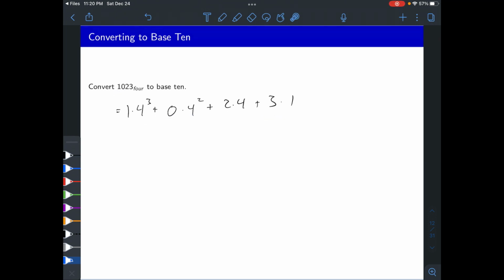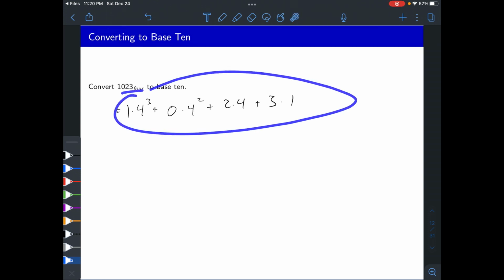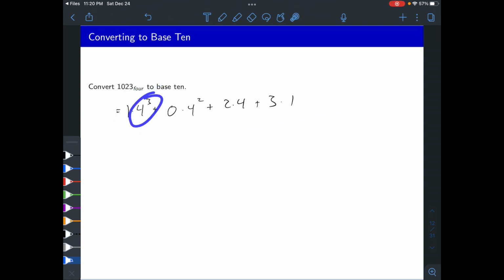So if I want to convert this to base 10, we've already converted it to base 10 right here. We started using base 10 digits once we started writing this. And so if I wanted to compute what this is, okay, 4 cubed is equal to what? 4, 16, 64. So this is equal to 64.